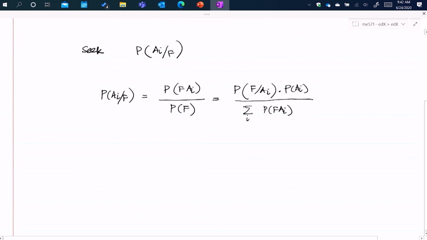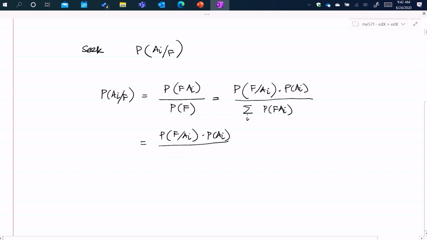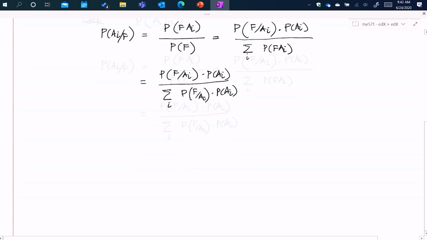There are many mutually exclusive causes that together lead to the failure event. And this again, you can write further as probability of F given Ai times probability of Ai divided by the summation over i. Again, applying Bayes' theorem, we can write this as probability of F given Ai times probability of Ai. Now we know from the lab experiments probability of F given Ai.